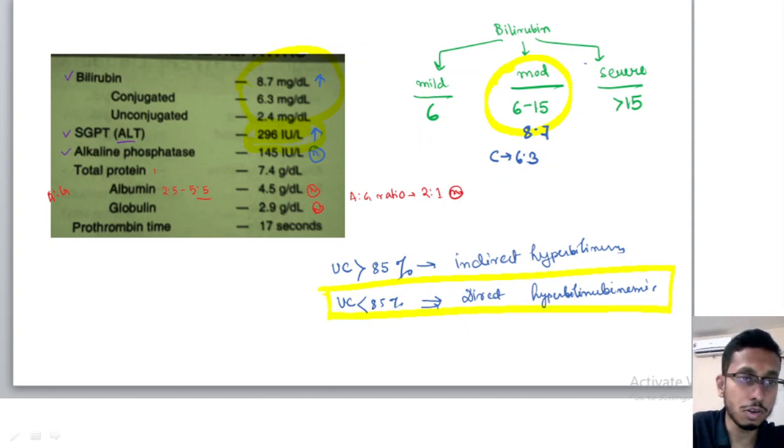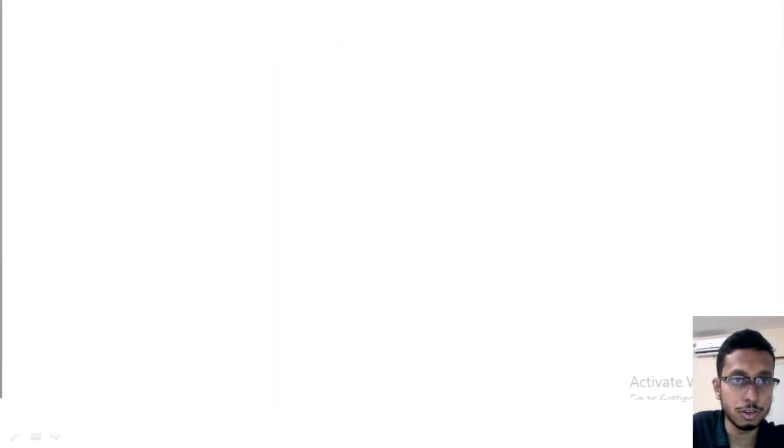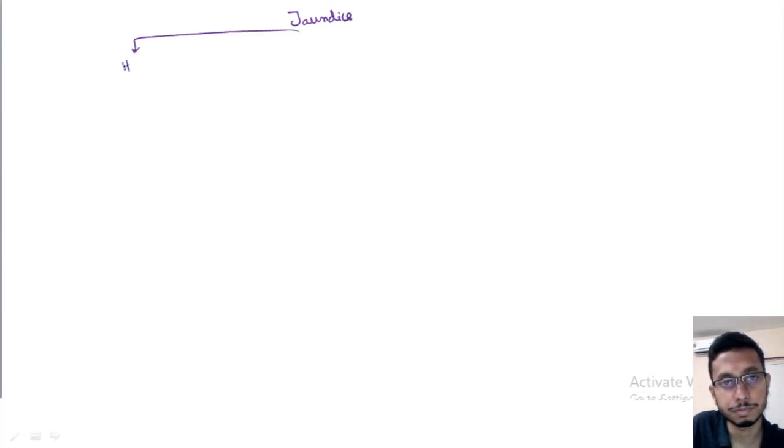Now, what are the causes of direct and indirect hyperbilirubinemia? Jaundice is clinically of three types. Hepatocellular, that is damage to the liver cells, which causes release of bilirubin products into the bloodstream, resulting in hepatocellular jaundice.